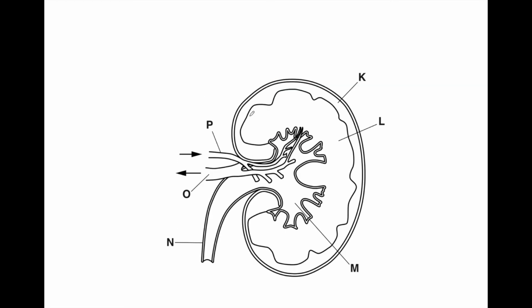So let's look at this diagram. Here we can see the cortex, the medulla, and the pelvis. This is the ureter. It comes out of the pelvis. This is the renal artery, and we have the renal vein.